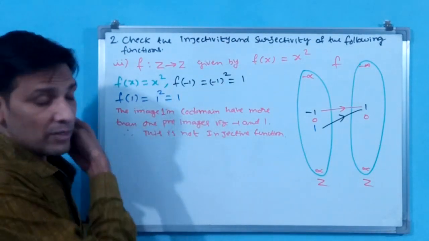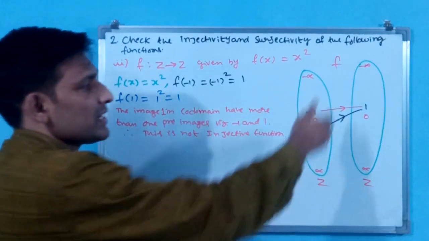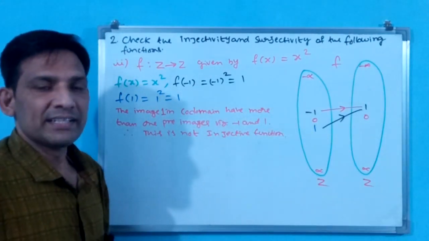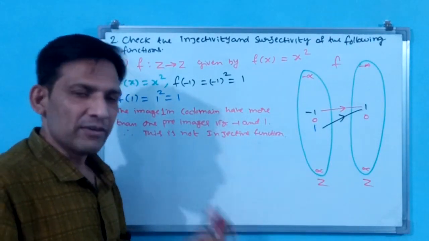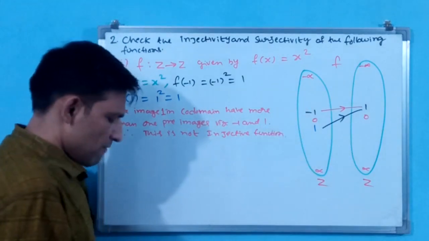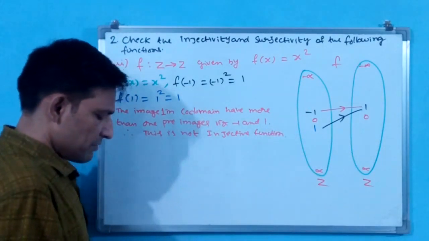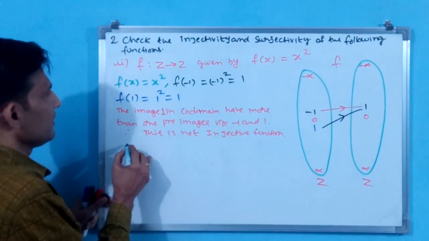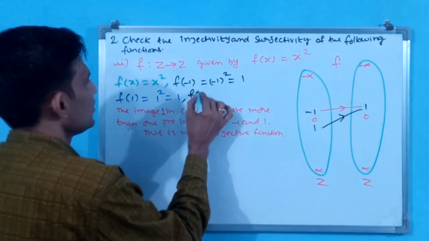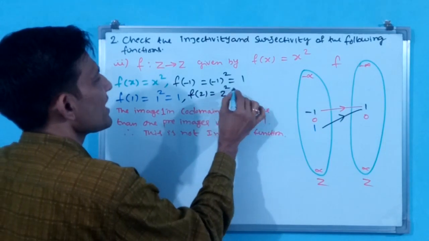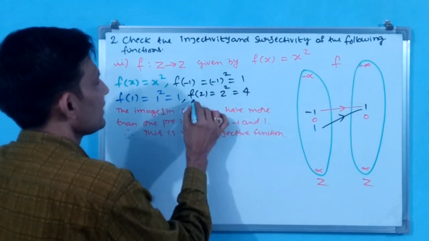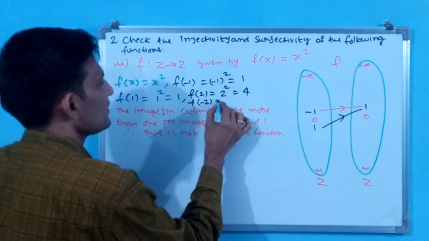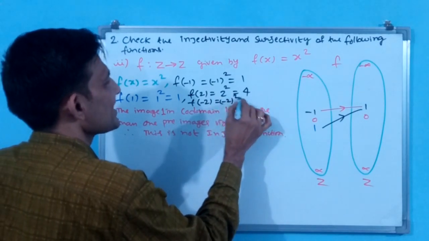Okay. What about surjectivity? Surjectivity means here elements should not be left. All elements should have a relation. Okay. Let us see. One we have seen, and we will see two also. Say f of 2 is equal to 2 squared, that is equal to 4. F of minus 2 is equal to minus 2 squared, that is equal to 4.